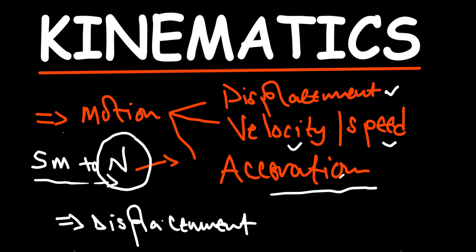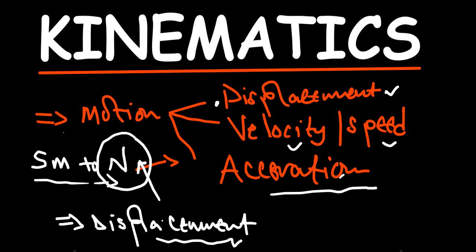Remember when we talked about vectors, we said vectors have direction, and we gave displacement as one of those vectors. So whenever we talk about displacement, we have to include the direction where that distance is going. So displacement is simply distance with direction.